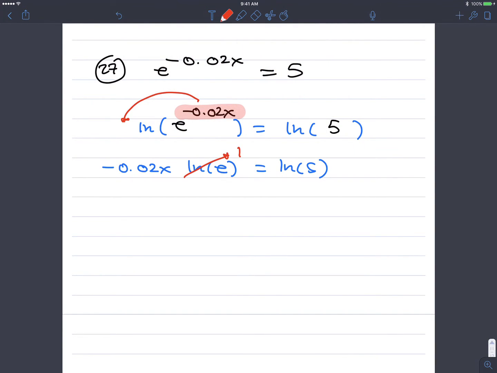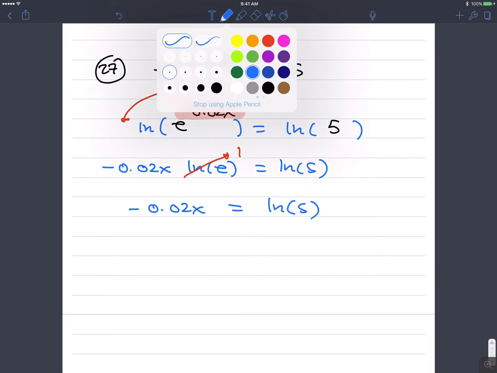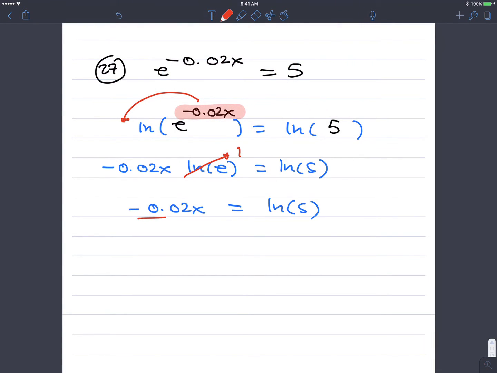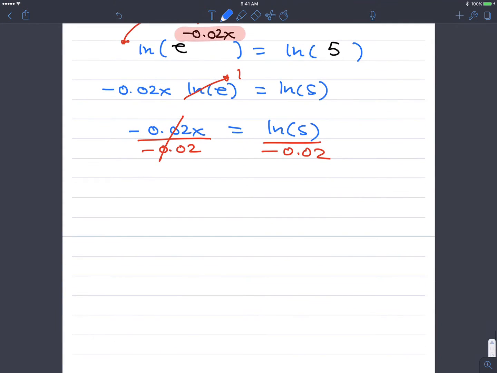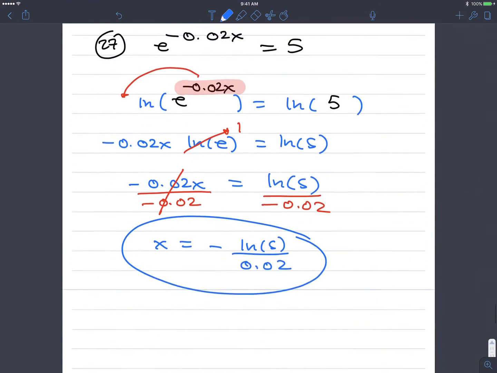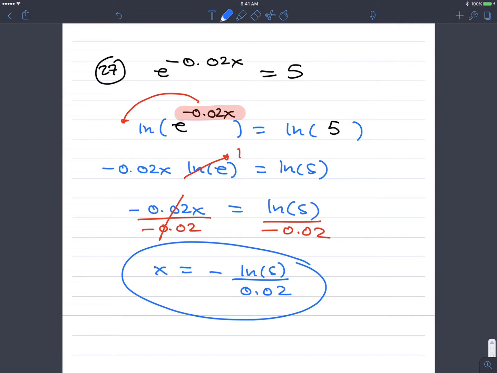Natural log e is 1. Negative 0.02x is natural log 5. So when I solve for x, I'm going to divide both sides by the number negative 0.02. I get cancellation, and now I'll have x equals negative natural log 5 over 0.02. And that's 27.